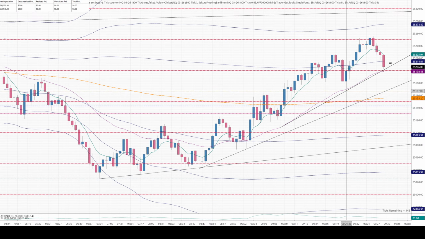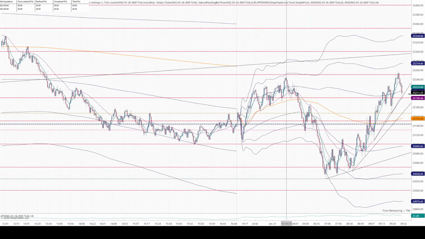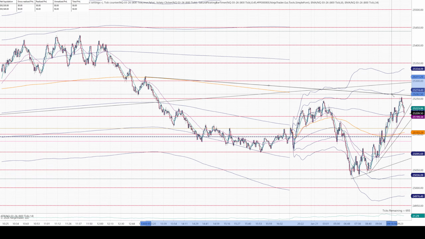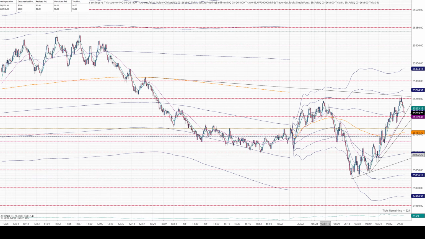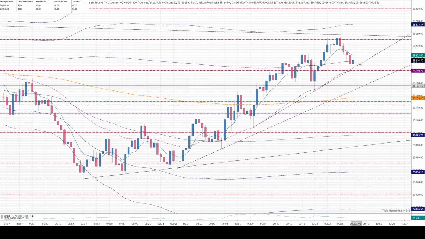We have this one, which we're testing. And then as far as bearish trend lines, we have this one. Don't have this one anymore. And then we have this more immediate one right here.